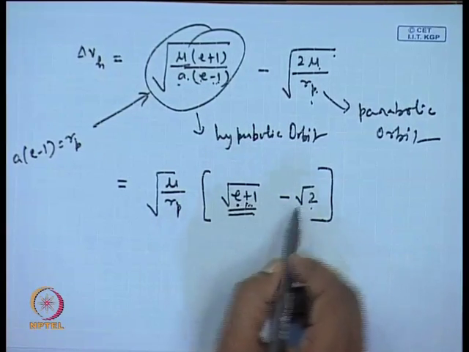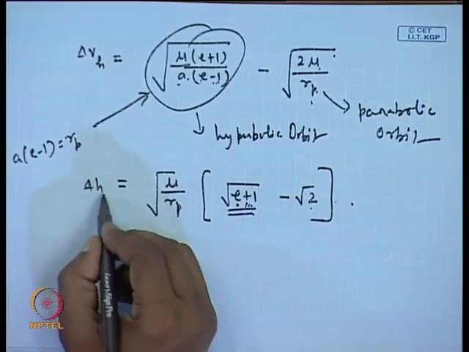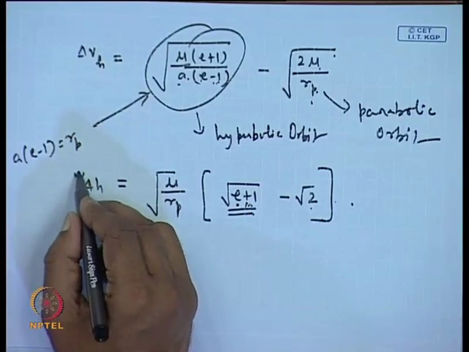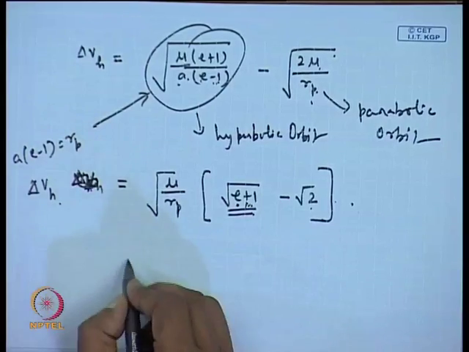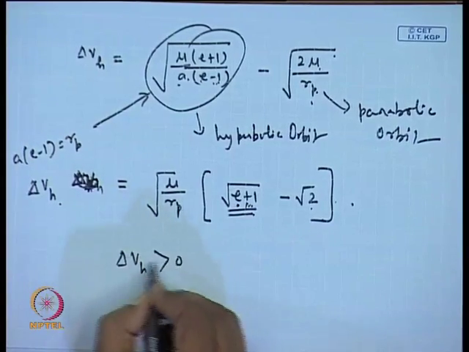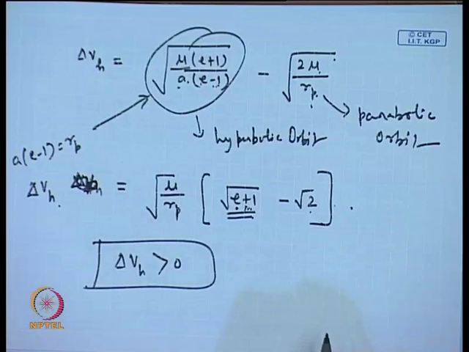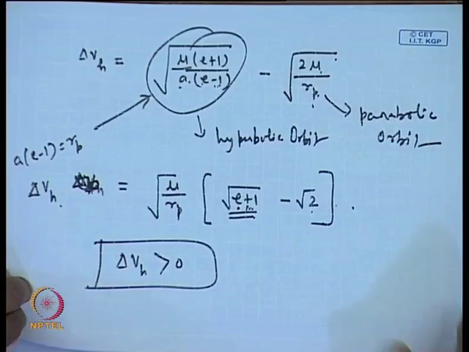So, this is obviously a positive quantity. So, delta V_H is greater than 0. So, you need more energy to put the satellite in hyperbolic orbit from parabolic orbit.